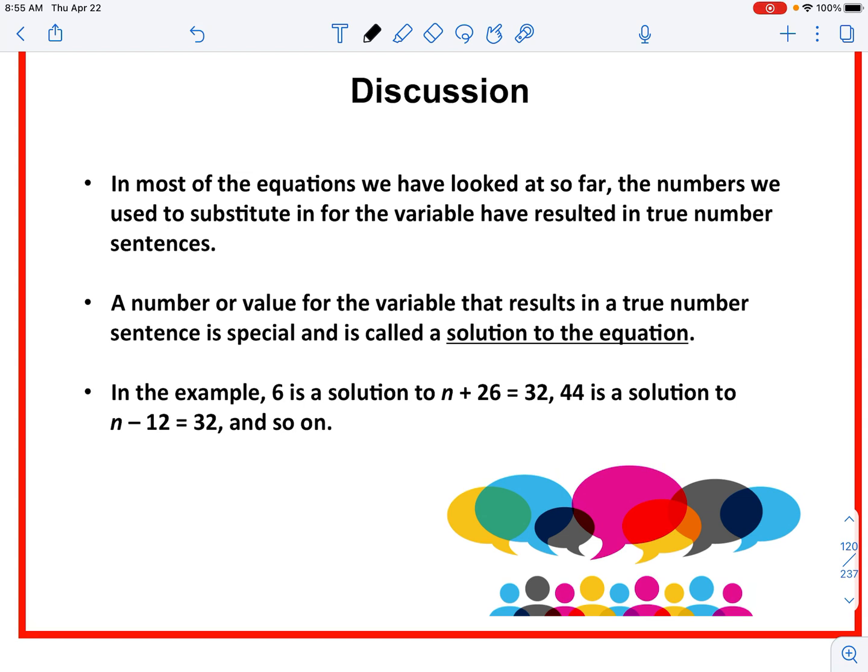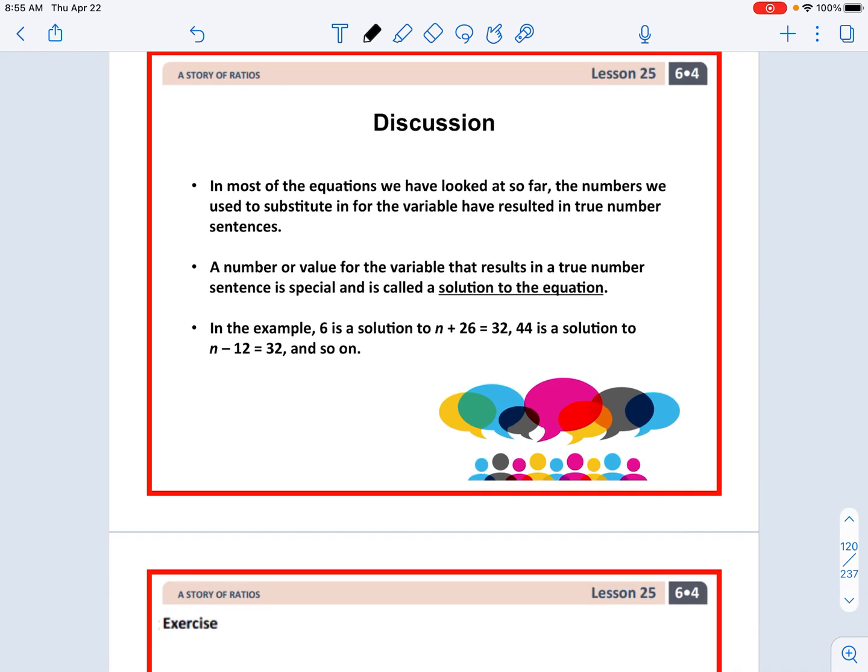In the example, 6 is a solution to n plus 26 equals 32, 44 is a solution to n minus 12 equals 32, and so on. So that's what we're doing today, guys. We're just finding the solution to our variables in order to make these number sentences true.